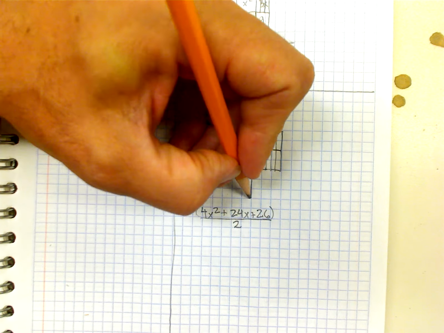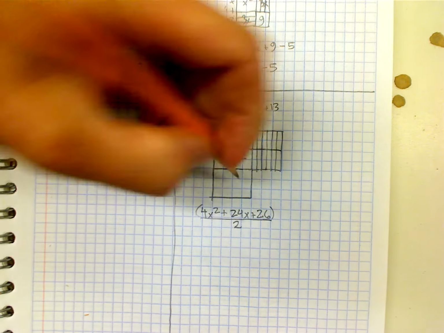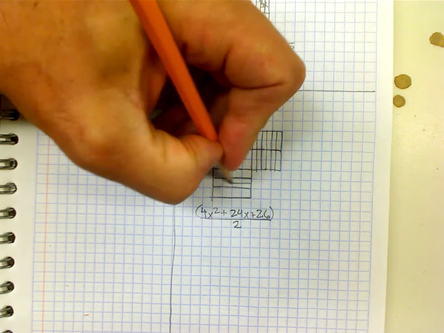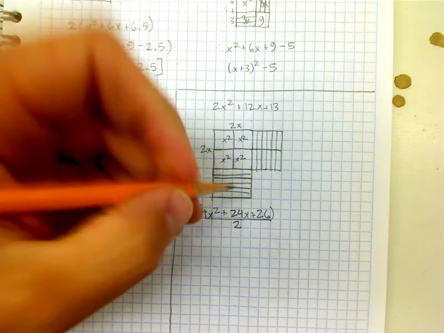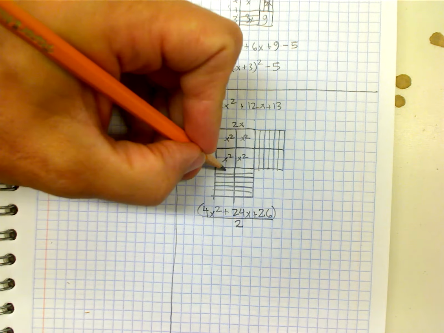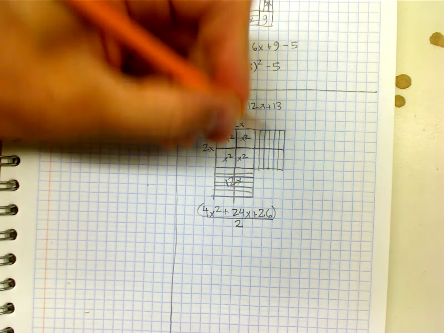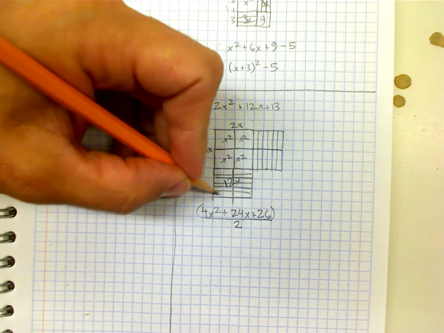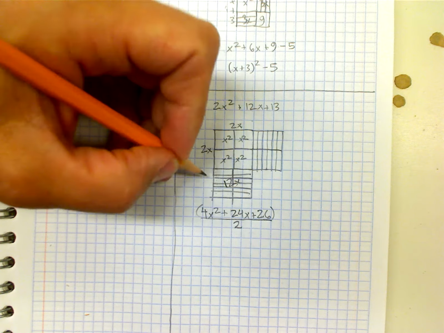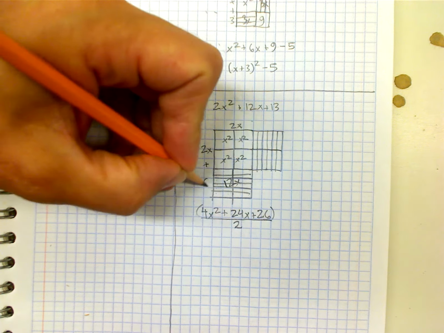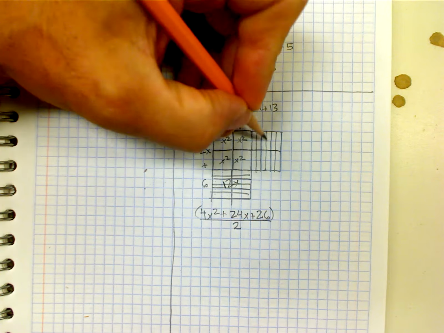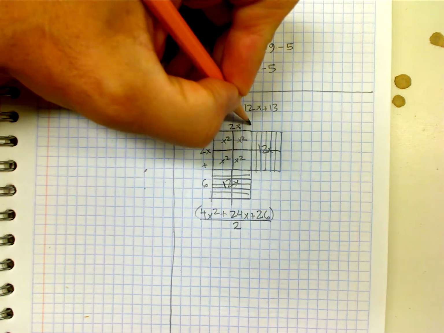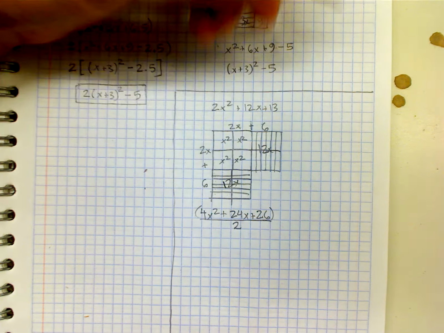And I'm going to put another 12 down here. These are 12 x's. Each of these is like an x times 1. So there's 1, 2, 3, 4, 5, 6 times 2 of them. There's 12 x's here. And this dimension becomes 6. And also this is 12 x's. And so this dimension becomes 2x plus 6.